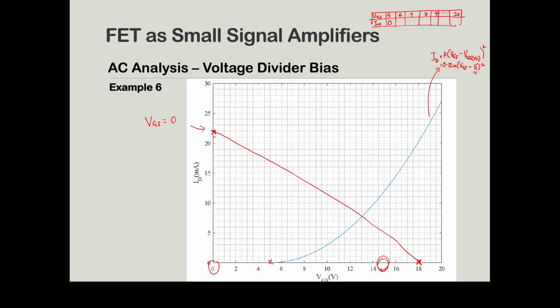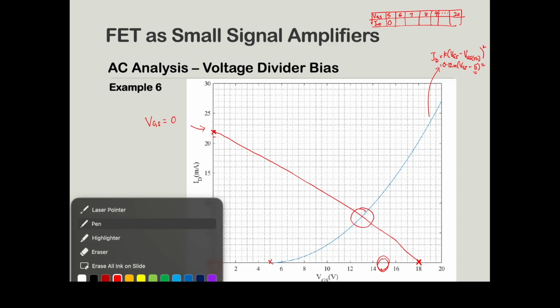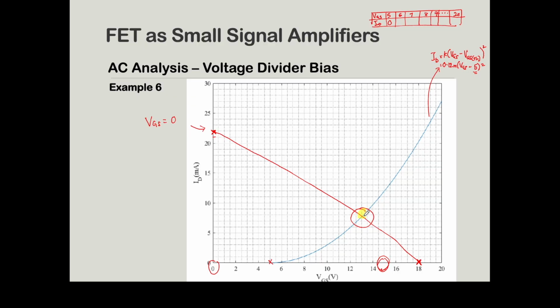Therefore you will get the intersection of this particular part. At this intersection you get the value of your x-axis and the value of your y-axis, somewhere around here. Get the readings.